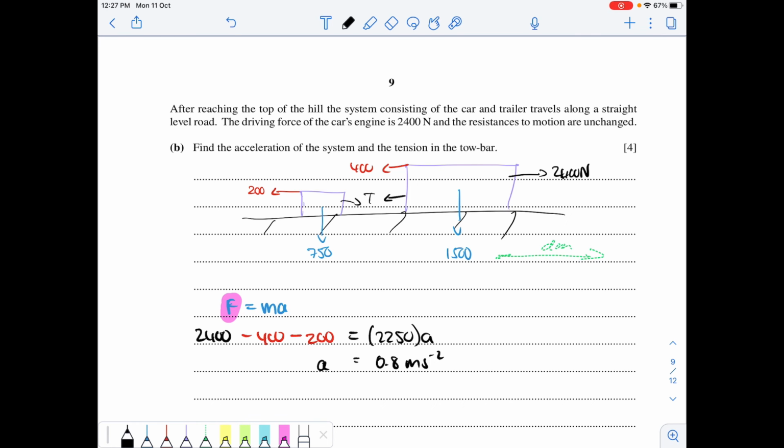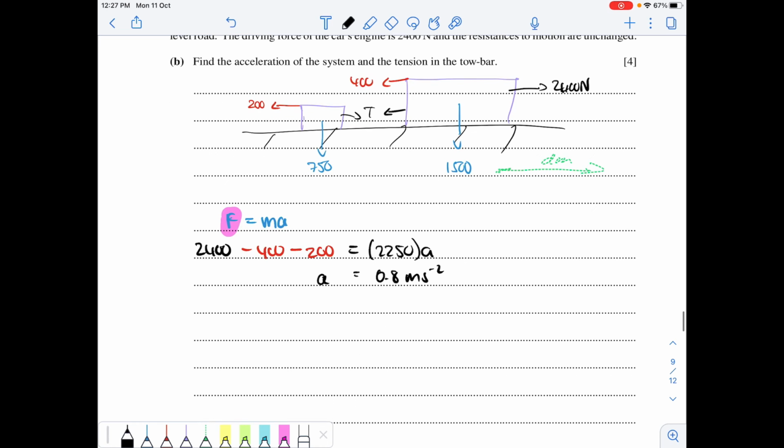Okay, and finally we need to consider the tension in the tow bar. Now we can consider either of the two systems independently to find the tow bar tension. I'll just do it from the trailer. So if we consider the trailer itself, again using Newton's second law, T is going in the direction of motion. The resistance is going against the direction of motion.